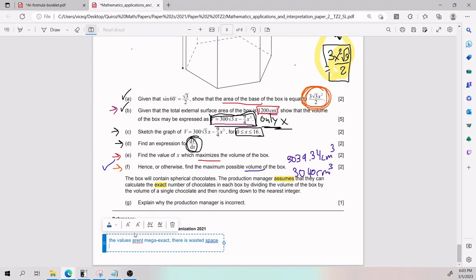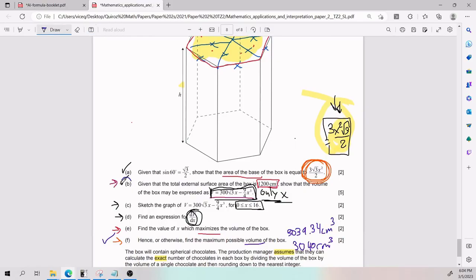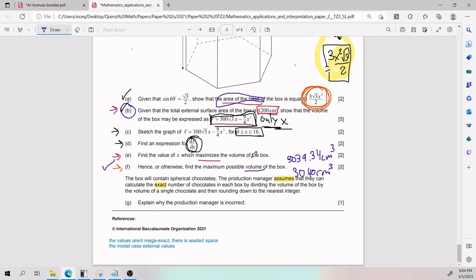And also, you can say that the model that we worked on, and this is straight from the answer key actually, uses external values. In other words, volume has more to do with what's inside, while surface area, which is what we started from in part B, has a lot to do with what happens outside. So we worked with area of the base outside, stuff like that. It's not as consistent.